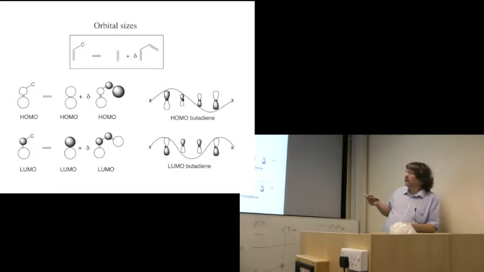So you simply have to be able to draw your sine wave with tolerable accuracy, and you can predict which is going to be the bigger orbital. Okay, so in this case it's the one on the end. So I've drawn this with that large and that small. Okay, mix them in, and the prediction is that for any extended conjugation, the end is going to be bigger than the internal one.